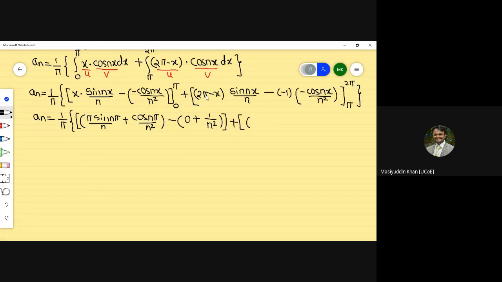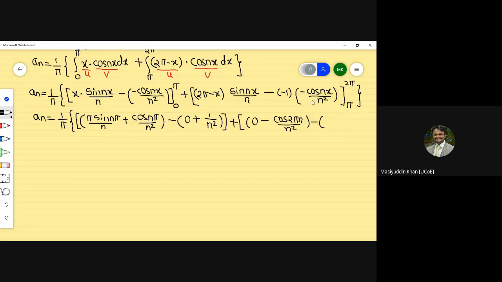You can observe that while putting x equal to 2 pi, 2 pi minus 2 pi will become 0, with minus minus minus. So we have to put the minus as it is. Substituting x equal to 2 pi, you will get cos of 2 pi n upon n square. The lower limit has a minus sign, substituting pi.